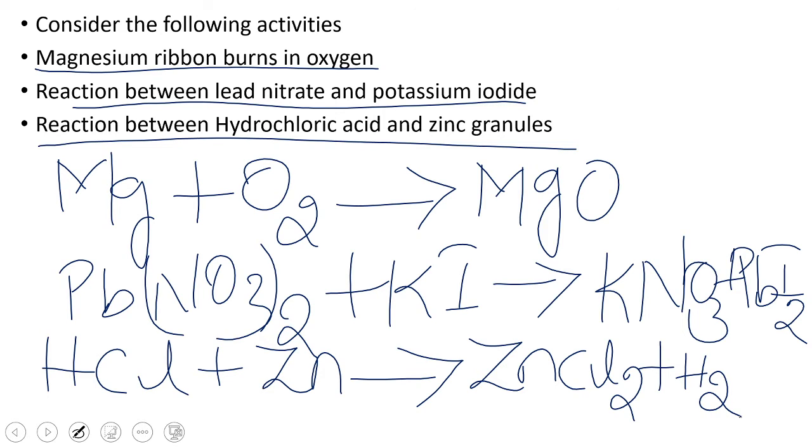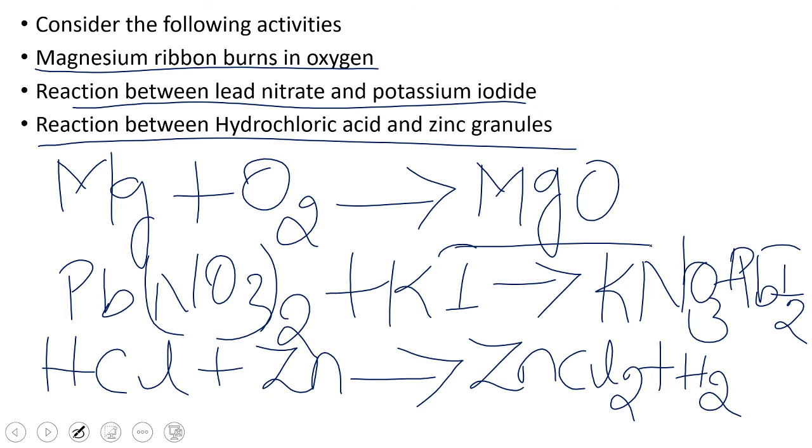So in all the reactions, what we observed is that magnesium reacts with oxygen to give rise to magnesium oxide. Right. So magnesium is different and oxygen is different, and the substance formed, that is magnesium oxide, is totally different when compared to magnesium and oxygen.